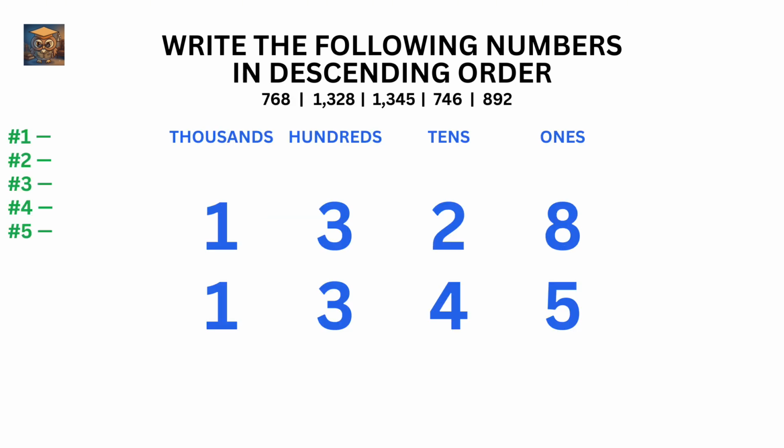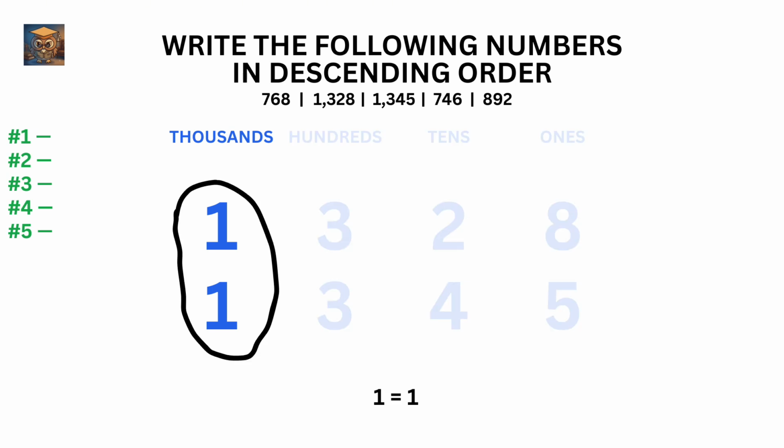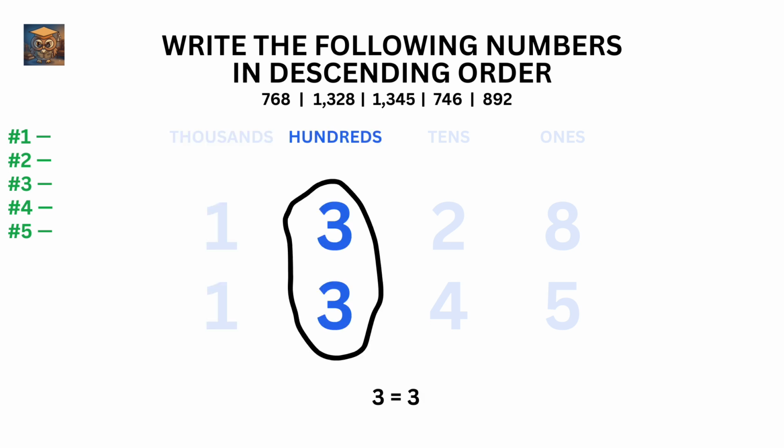Which one is higher, 1328 or 1345? We compare digit by digit, starting from the left. Let's go to the thousands place. Since both numbers have a 1, it's the same. So let's move right. In the hundreds place, both numbers have a 3.